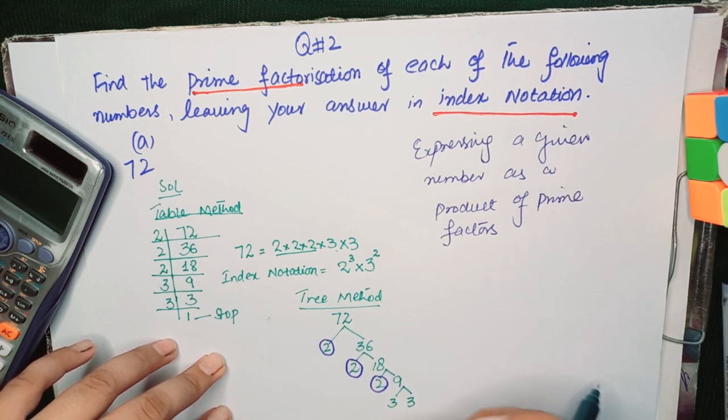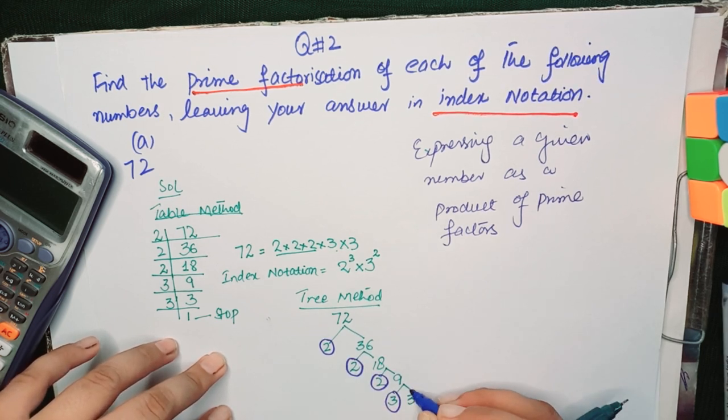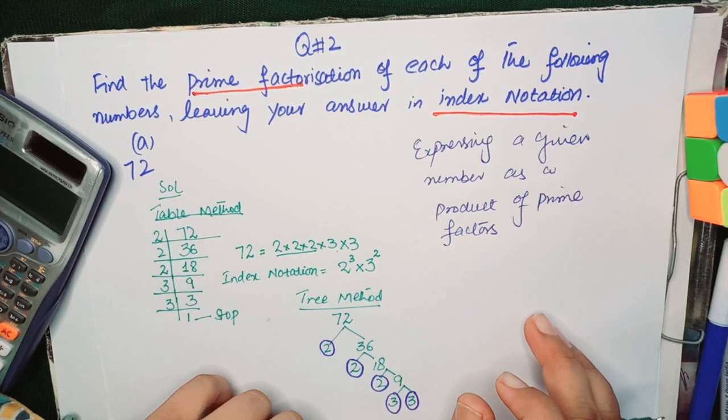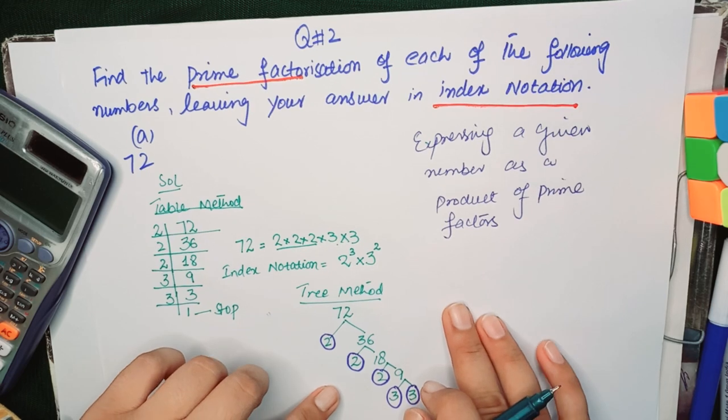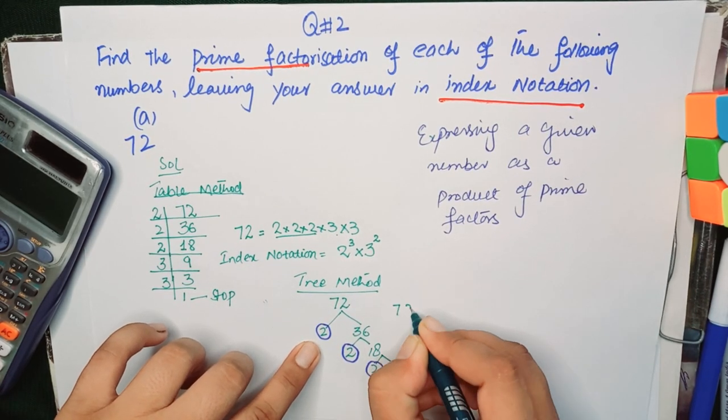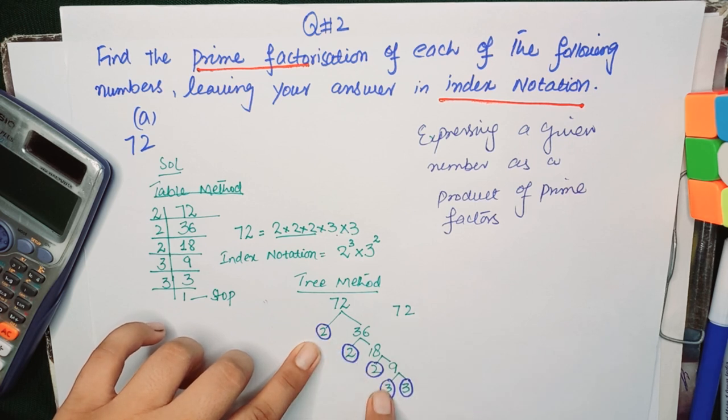Now I got the prime factor again, that is 3. Now I have to stop because then I got 1. Now I got the prime factors of 72: 2, 2, 2, 3 and 3.